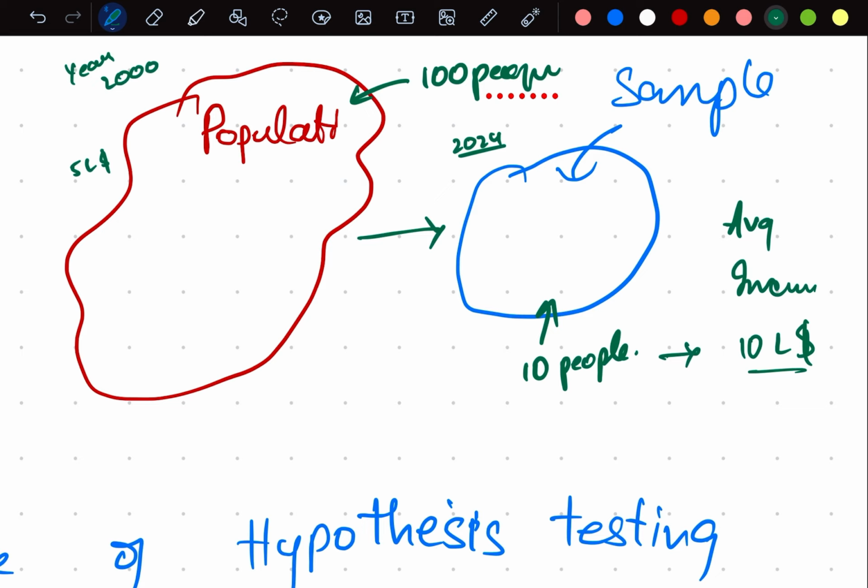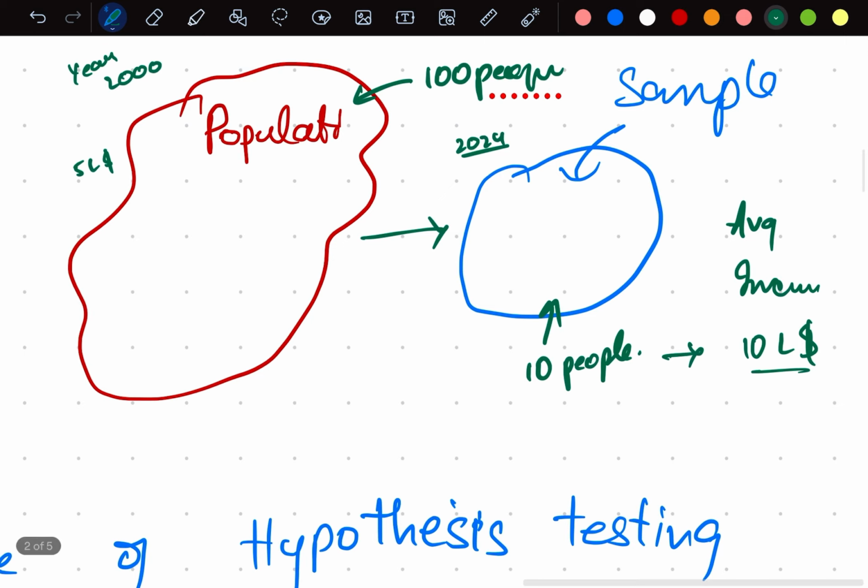It's obvious that it might increase. Take a different example: the average weight of people back in 2000. More people are dying and more people are being added, right? So in 2024, you want to see whether the statistic remains the same or not.